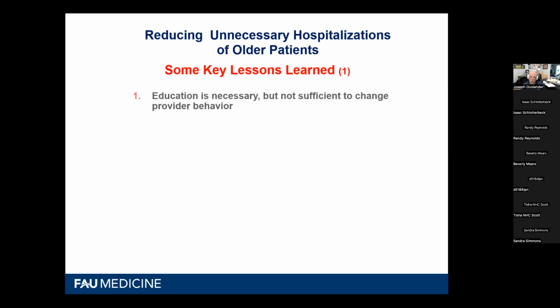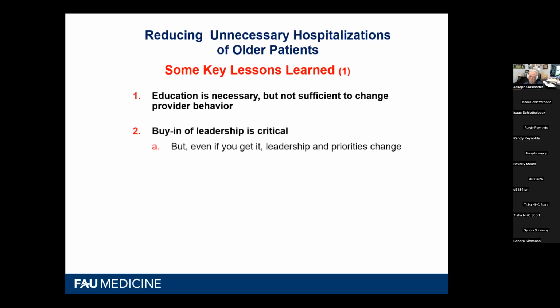What are the lessons? So my first lesson is that education is necessary, but it isn't sufficient to change behavior. You can give as many in-services as you want. You won't change provider behavior. It just doesn't happen. So you've got to do other things.